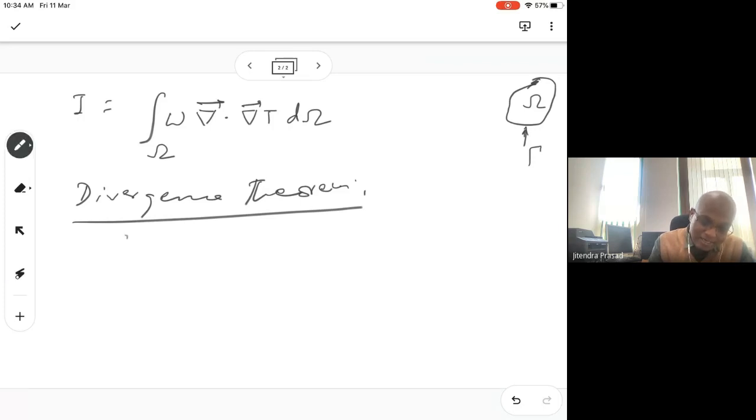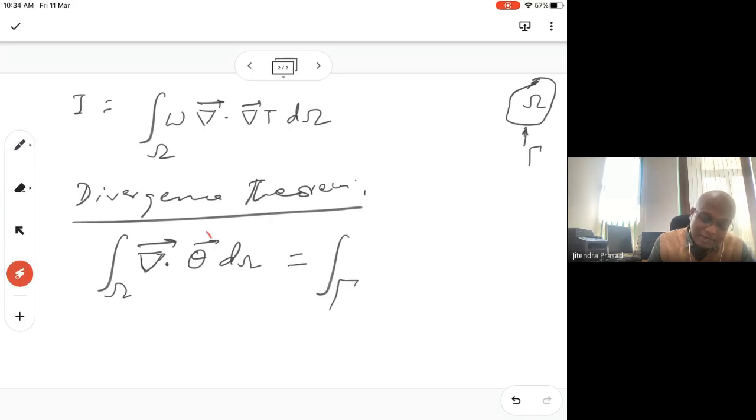It says that if you have a function, it may be the divergence of anything. So let's say this is the divergence of a function, theta is a function, let us say, defined over the whole omega.